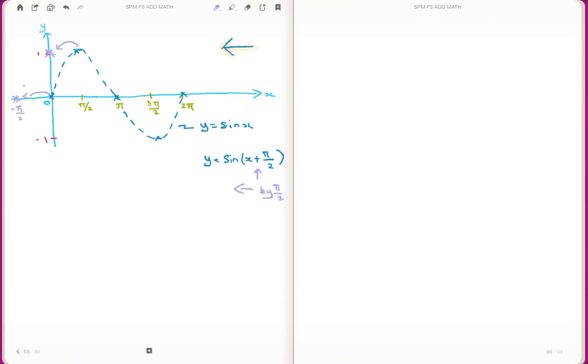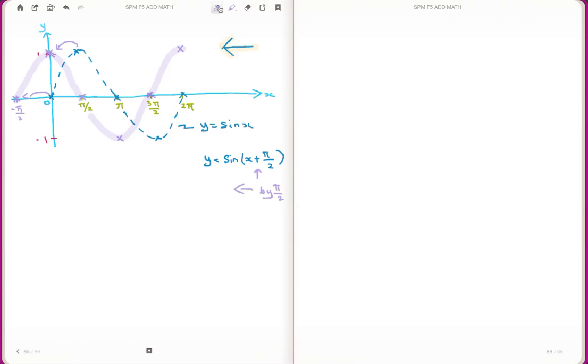You shift to here, so you have maximum, minimum, and so on, still within 360. For illustration purposes, the curve is supposed to be like this, curved upwards. I didn't do it wrongly, it is correct. It's supposed to curve like this.